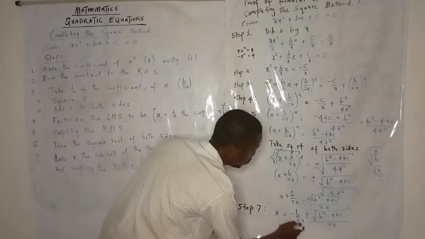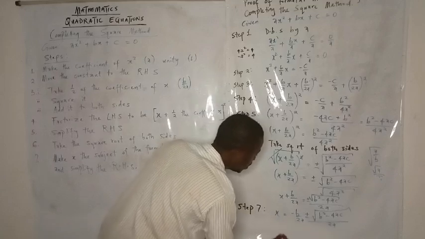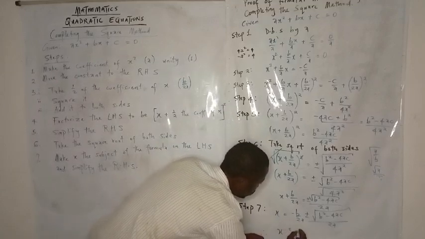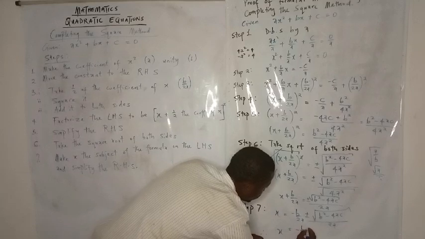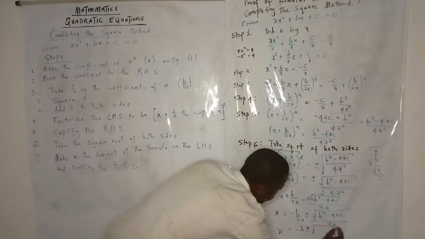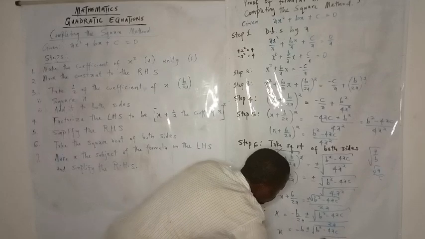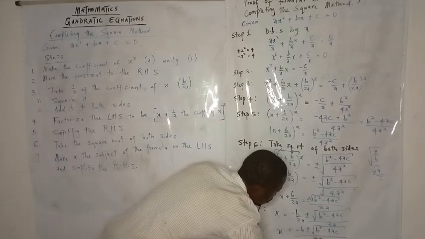Because the 2a and 2a are the same, we'll take one of them. So we have that x will be equal to minus b plus or minus square root of b squared minus 4ac all over 2a.